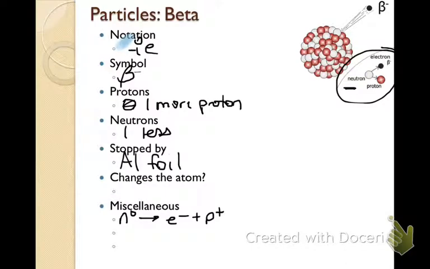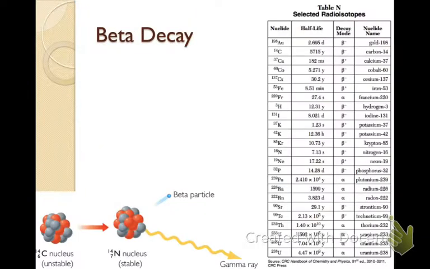And since you did change the number of protons, you did change the atom itself. Alright, so some other things, it can also release gamma radiation, and again, you end up having one less neutron, one more proton.